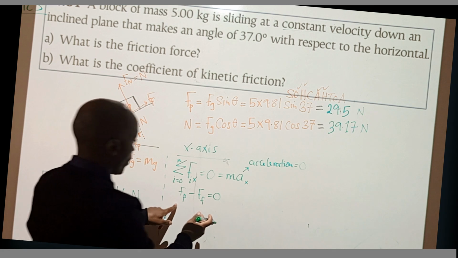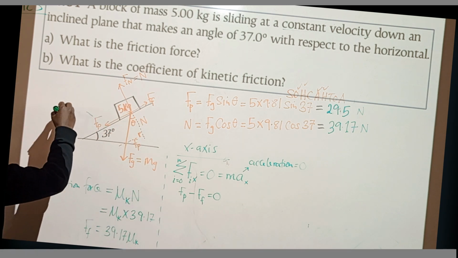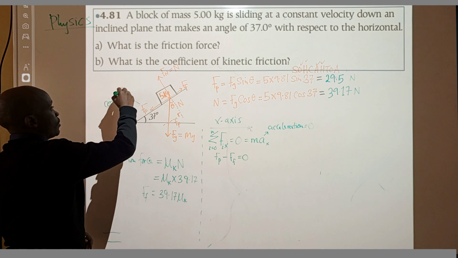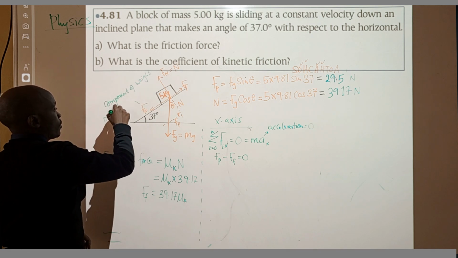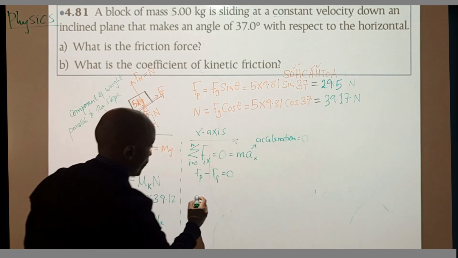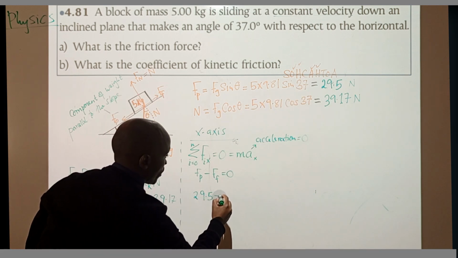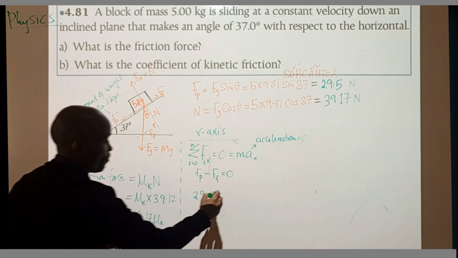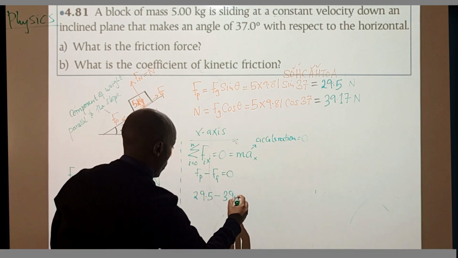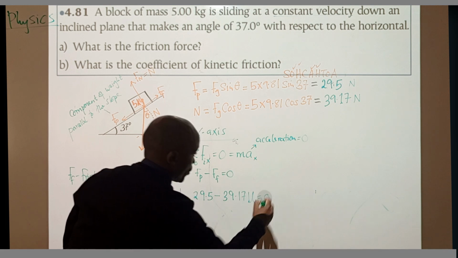So Fp, which happens to be the force parallel to the slope, we got it there, that is 29.5, and then subtract Ff, which is 39.17 mu k, equals 0.